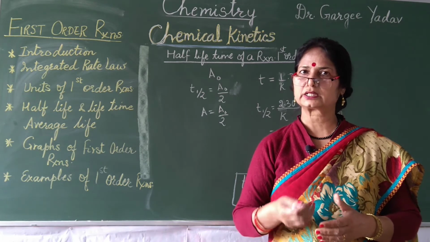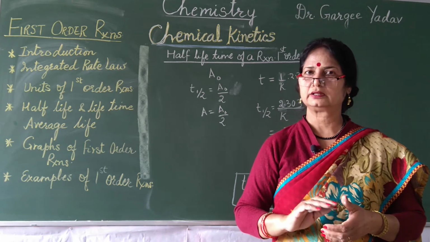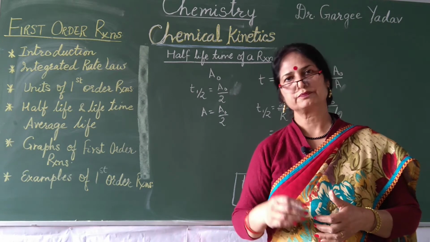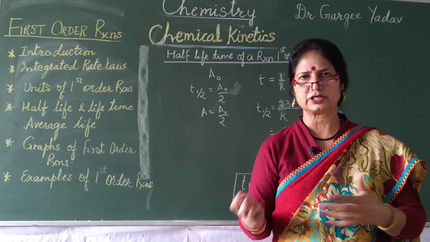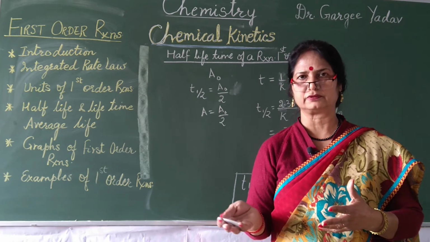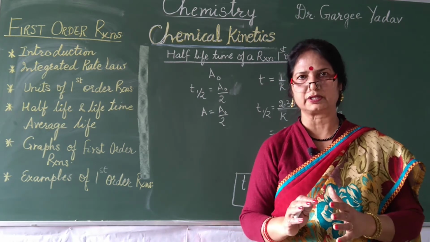Then if you make the concentration as 5 molar, then also the reaction will take 5 minutes, just now what I said, 5 minutes to complete that. Half of the reaction will be completed in 5 minutes.